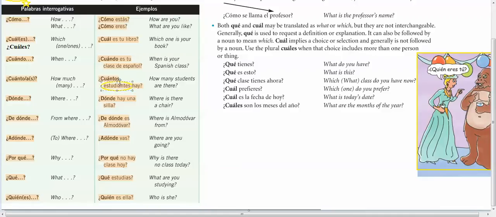Okay, this estudiantes is what told me to use cuántos.